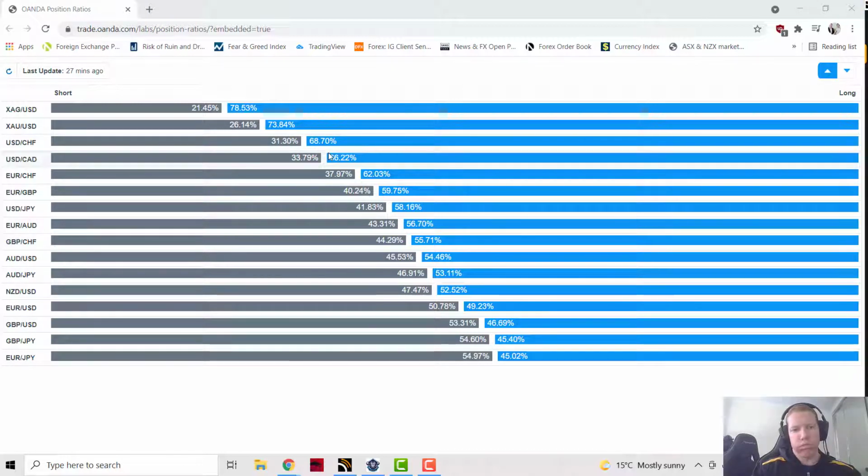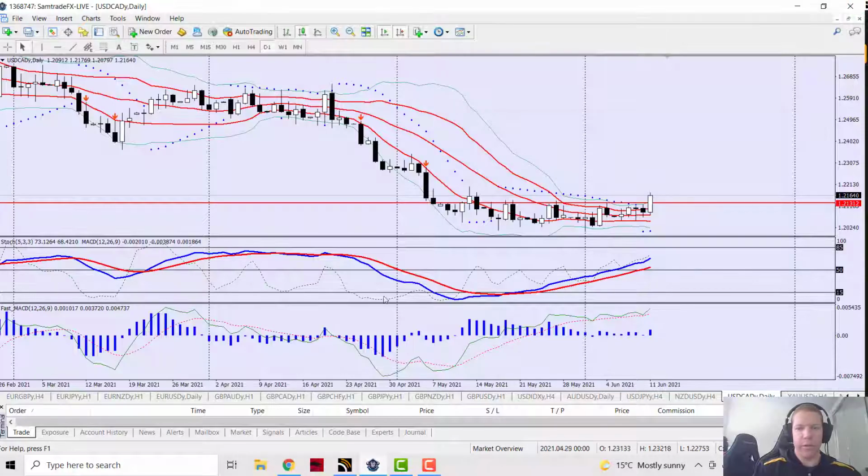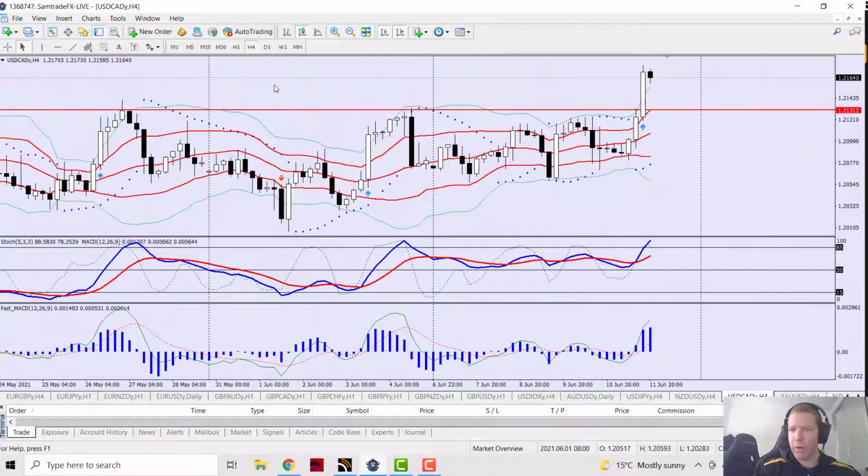But I guess what's happened here is a few stops have probably been taken out with the move as well. And I'll just go to the 4-hour.